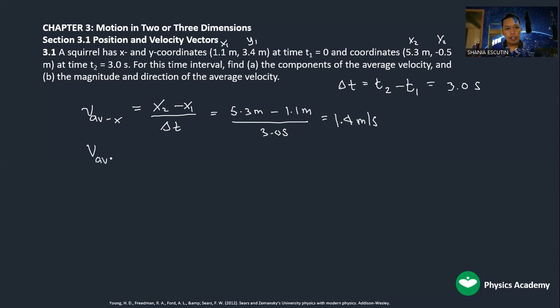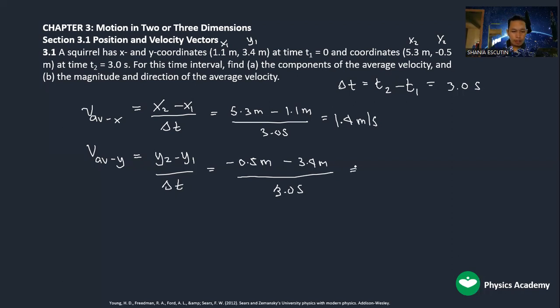Our average velocity along y is equal to y2 minus y1 over this time interval. Our y2 is negative 0.5 meters minus 3.4 meters, and we divide this by the time interval, which is 3.0 seconds.